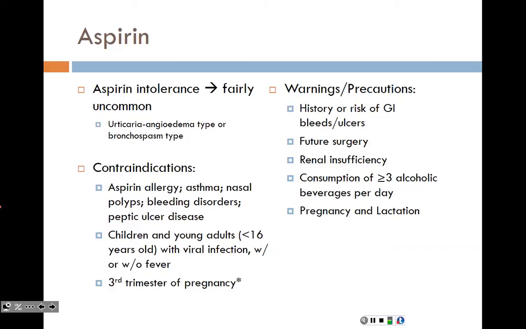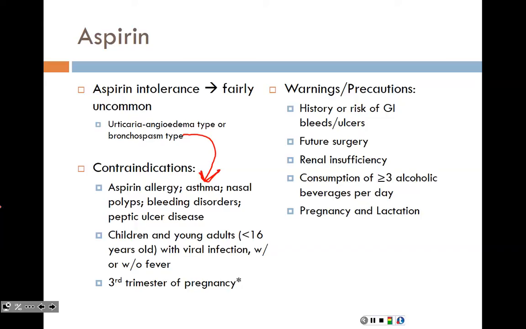And if people have an allergy to aspirin, they usually display one of 2 symptoms. They can have angioedema or swelling, or they can have a bronchospasm type where they may have difficulty breathing. So if you have the bronchospasm type, that kind of links into why we may not want to use it in patients with asthma.